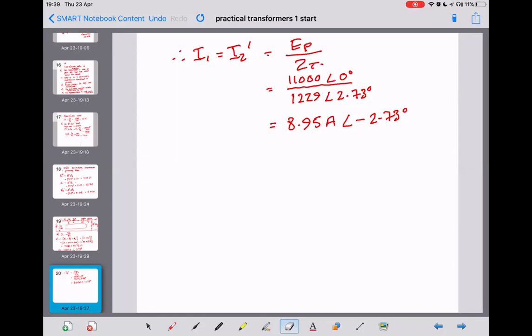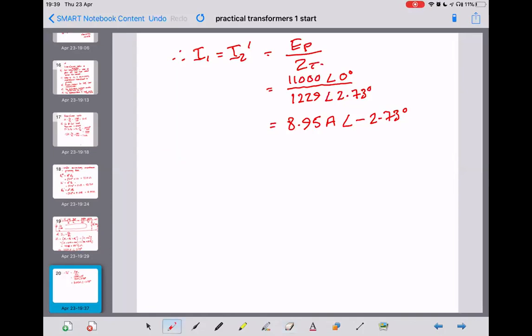And we've got a primary current of 8.95 to deliver that. It's quite a significant difference.